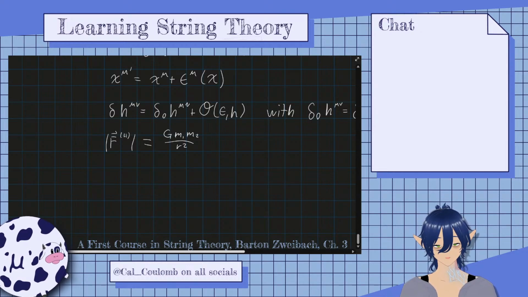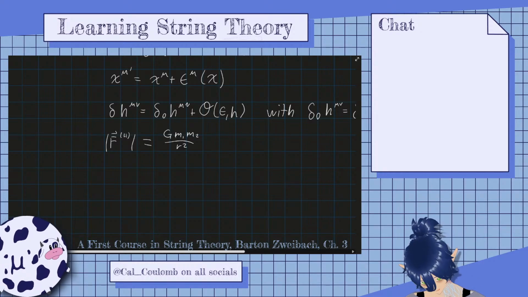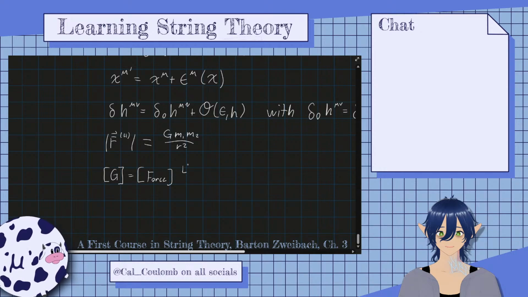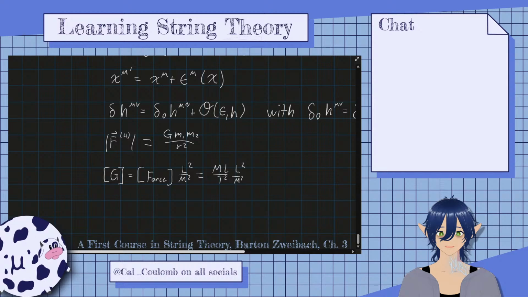It follows that the units of the gravitational constant G are equal to the units of force times length squared over mass squared, which is mass times length over time squared times length squared over mass squared, which is then length cubed over mass times time squared.